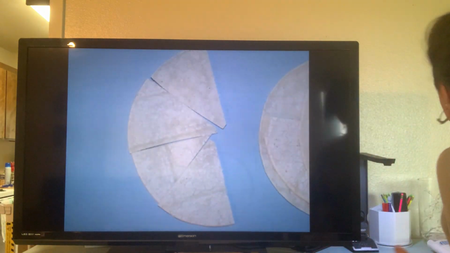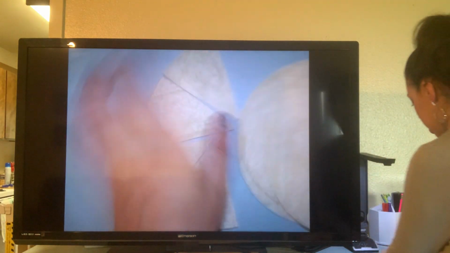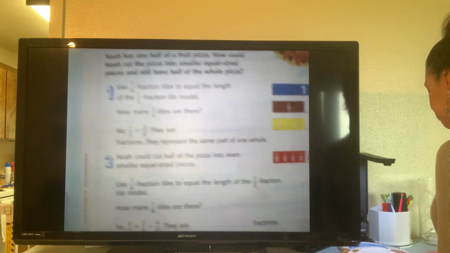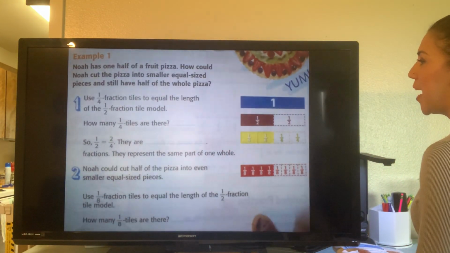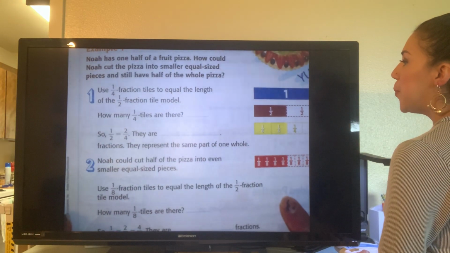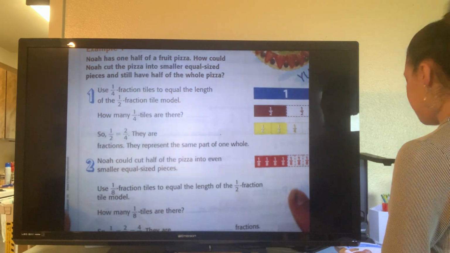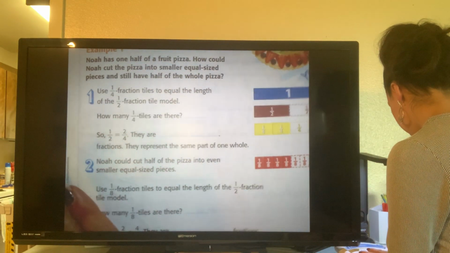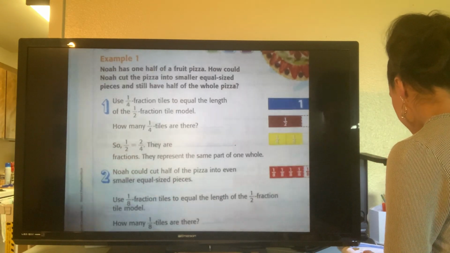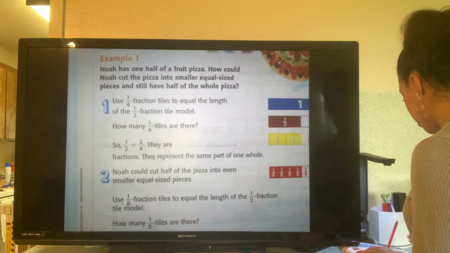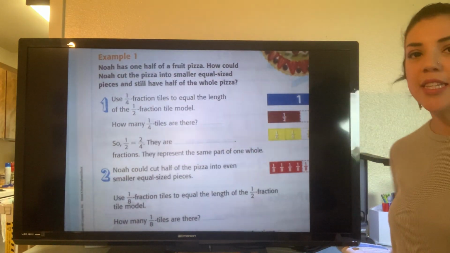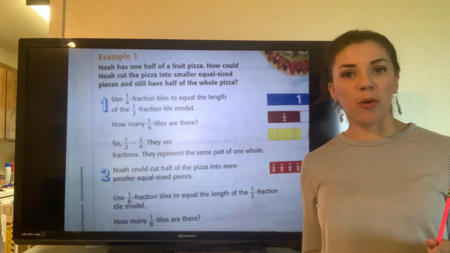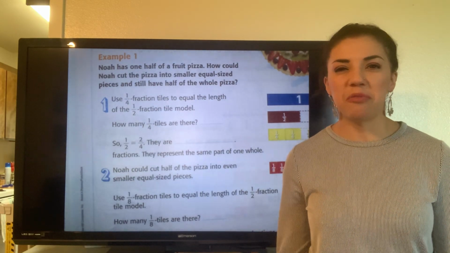Okay, so in your math book, now if I put my tortillas to the side, it shows you guys some tiles, okay? Let's go ahead and do this with the tiles as well, just because this could be a difficult topic.